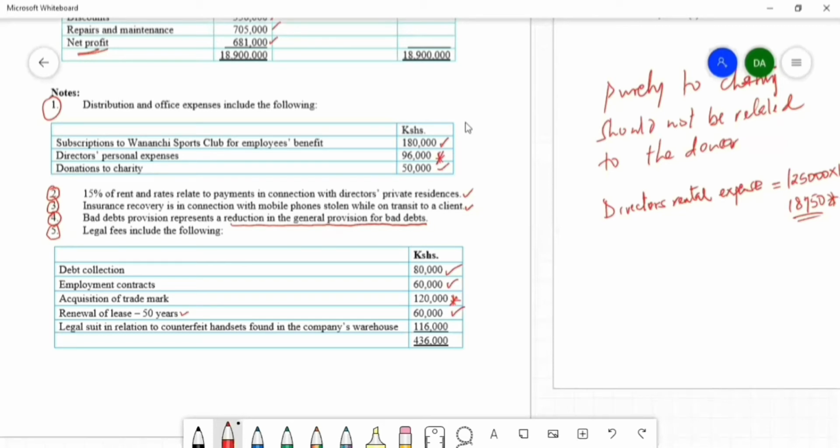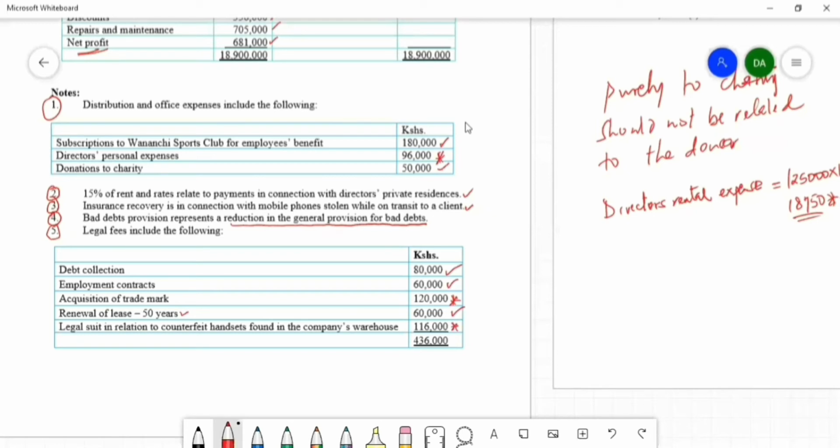Legal suits in relation to counterfeit handsets found in the company's warehouse. Counterfeit handsets here mean illegality. Because of this illegality, the company is at offense, and therefore that is the reason they are incurring legal cost.